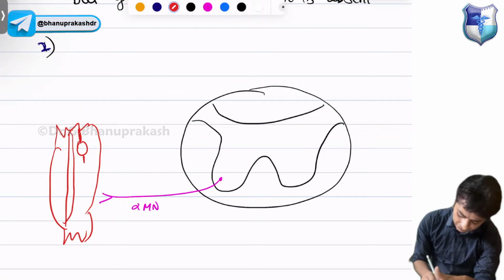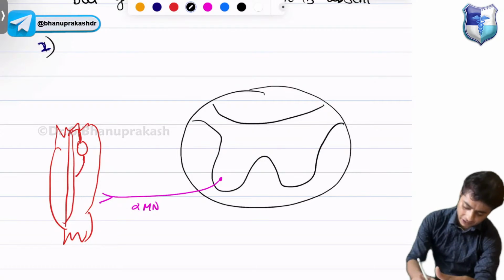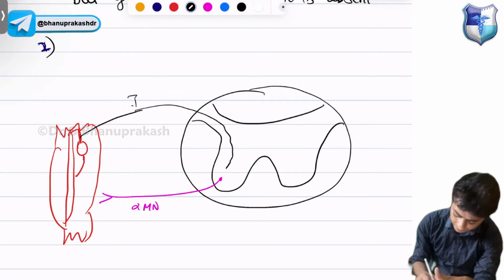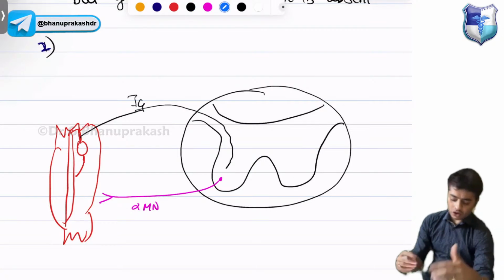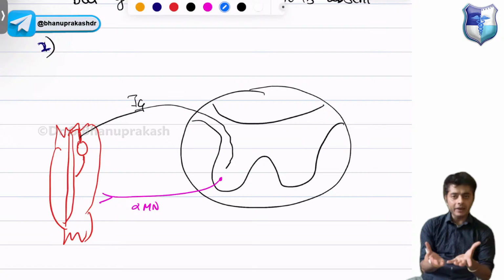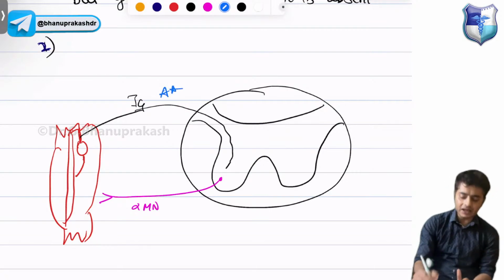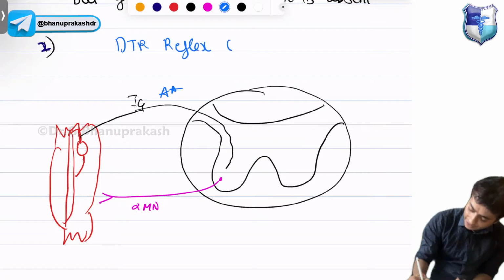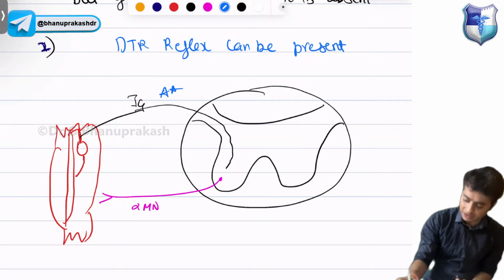This is a muscle fiber, and there is a muscle spindle, and here the sensory input is going. Now your UMN is not there, but your LMN is there, your reflex pathway is there, so DTR can be present.